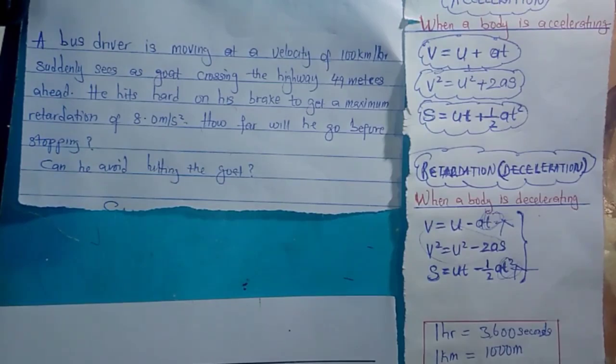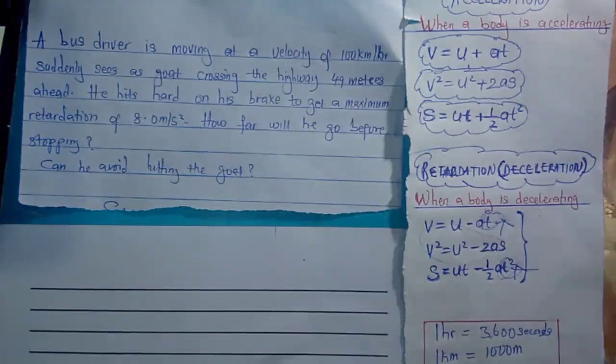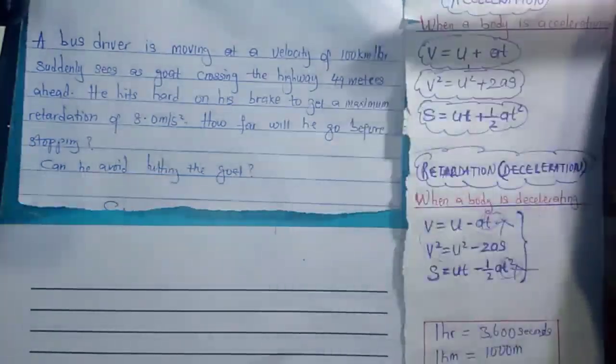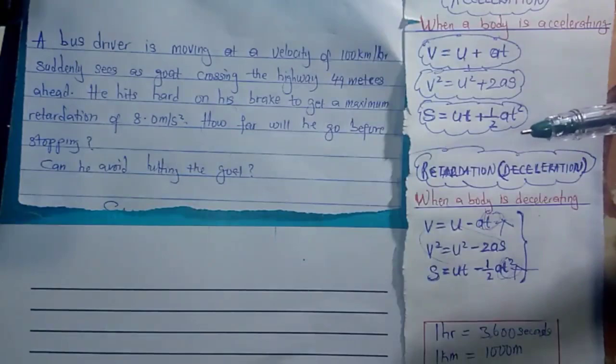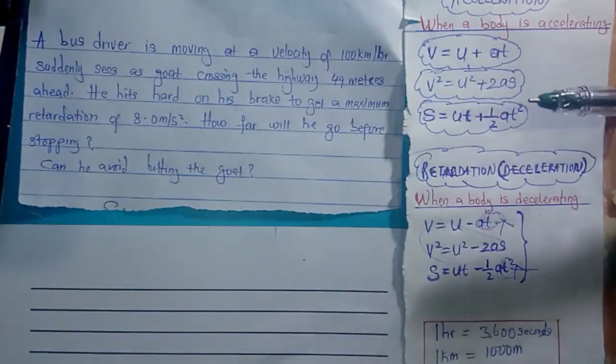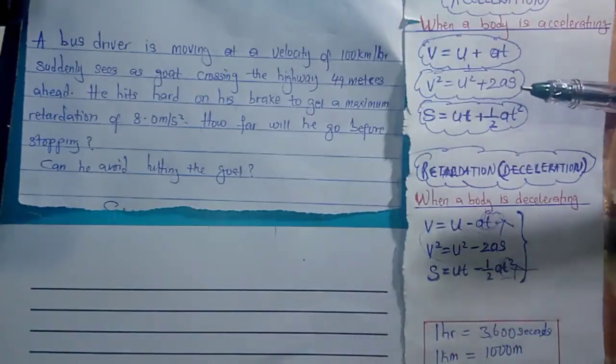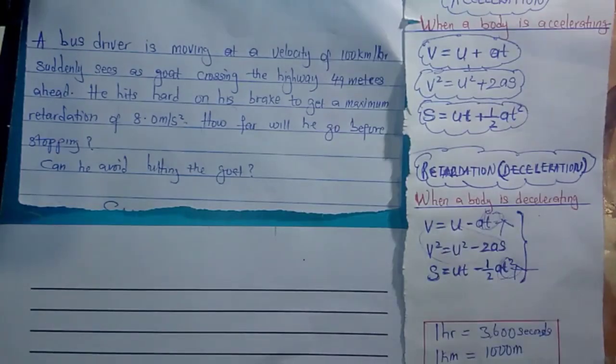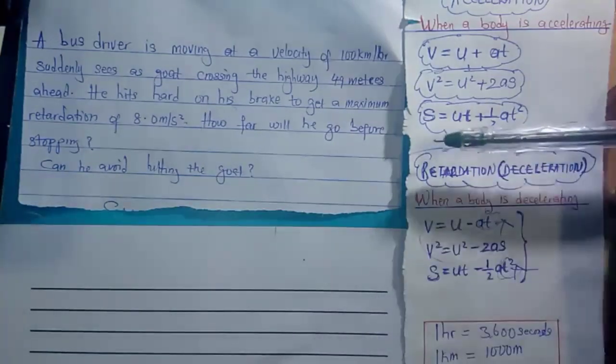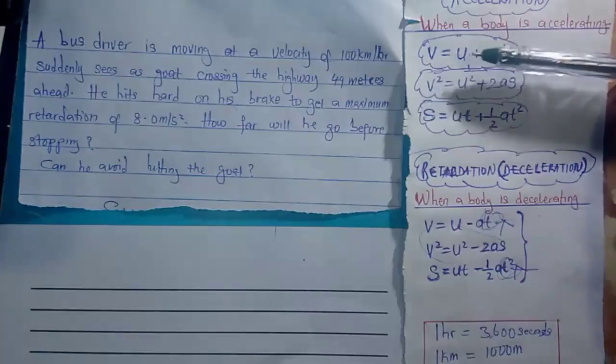Before we proceed to solving this problem, on my right-hand side here are some useful formulas that you have to take into consideration before solving it. The first set are the formulas that you apply whenever a body is accelerating, the ones with positive signs.